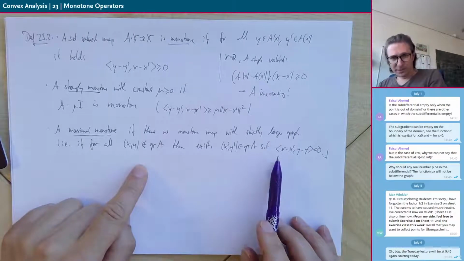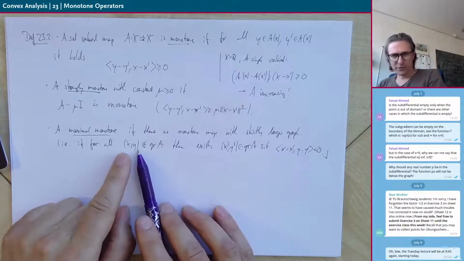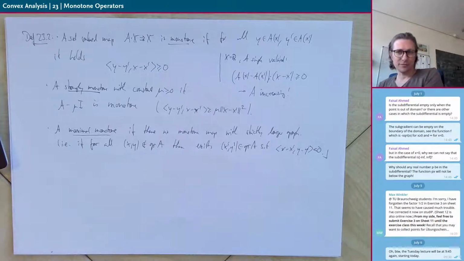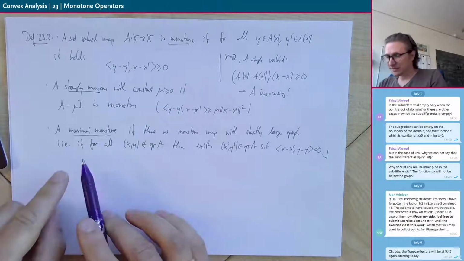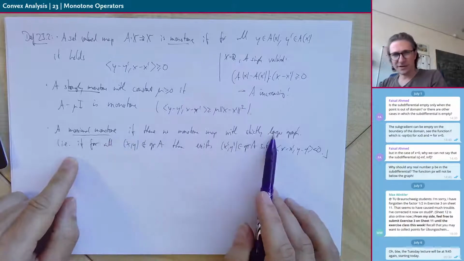Because if this would not be the case, you could add this point to the graph and it would still be monotone. So this is really just expanding that there is no monotone map with strictly larger graph.